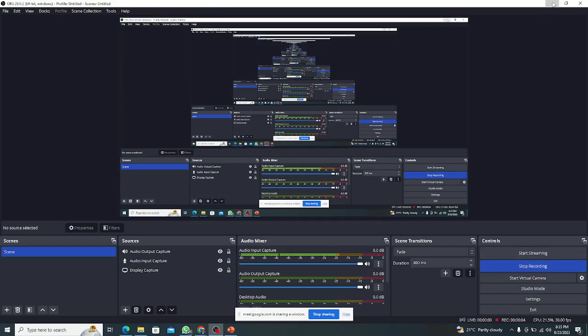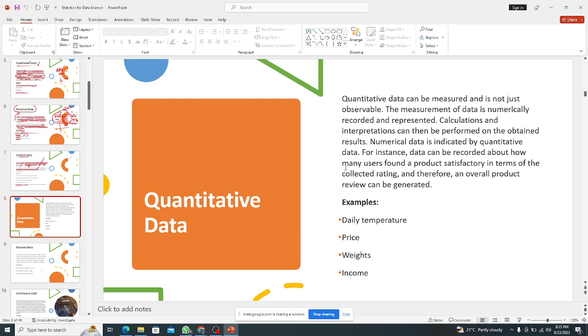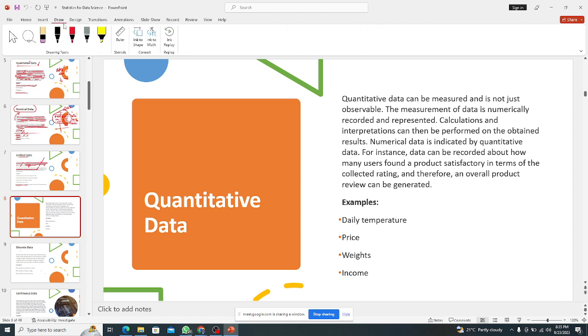All right, thank you. So today we are going to discuss quantitative data. From the term quantity, meaning you can quantify. Here you can do computations, you can do calculations. So when we talk about quantitative data, it is numerically recorded, or it is numerical in nature.